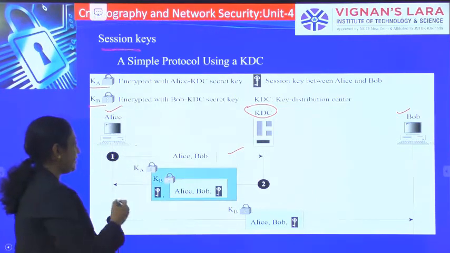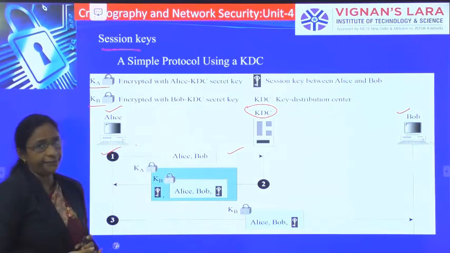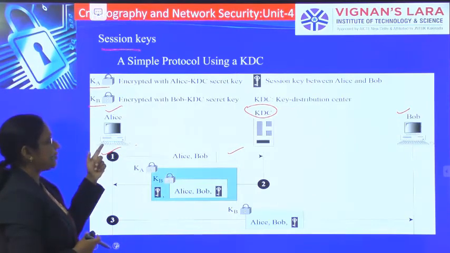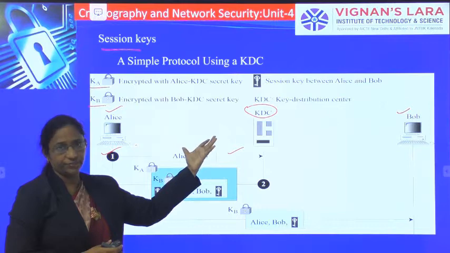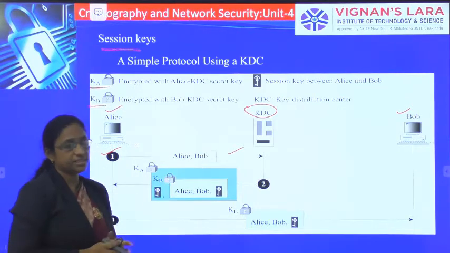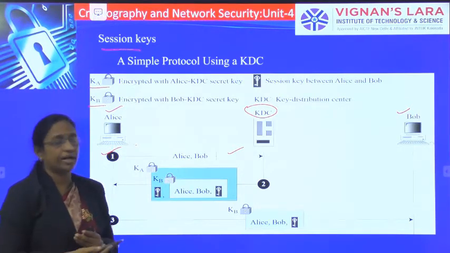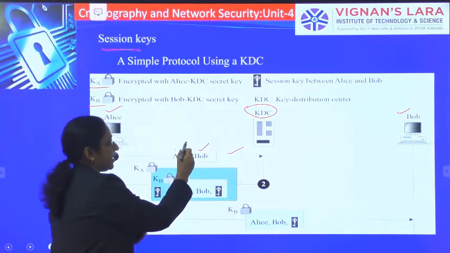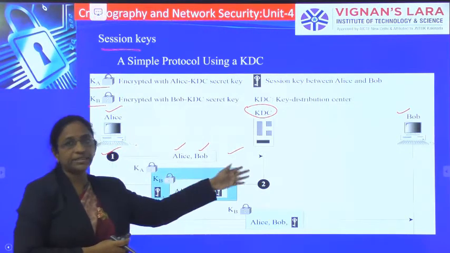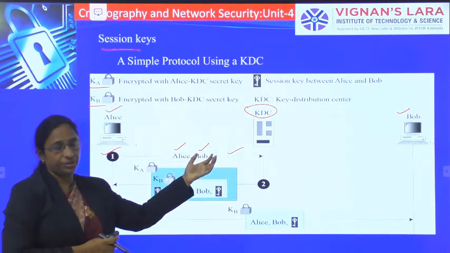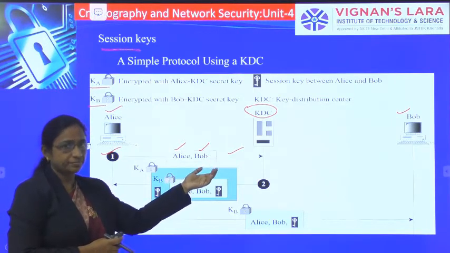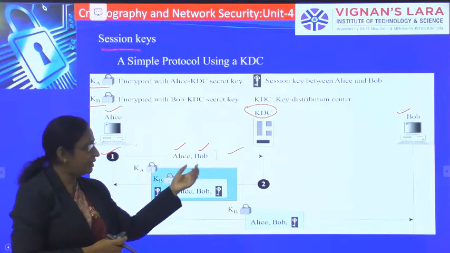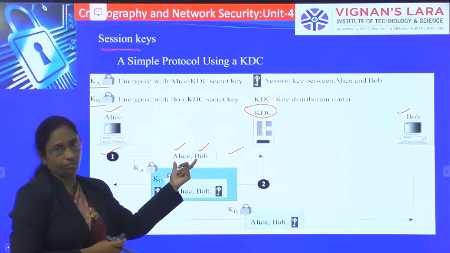In step 1, Alice sends a request to the KDC to send a session key, and in this request she says that she wants to communicate with Bob. That session key will be used between Alice and Bob.